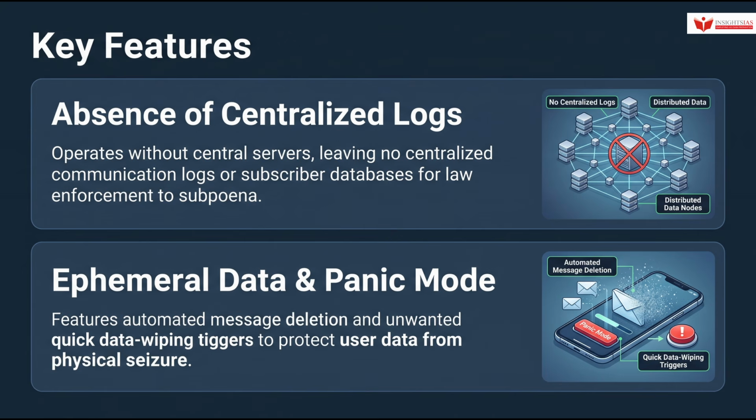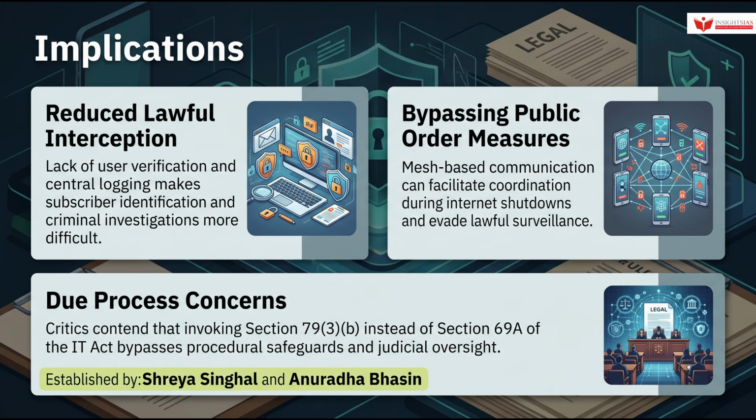There's an absence of centralized logs. It operates without central servers, leaving no centralized communication logs or subscriber databases for law enforcement to subpoena. And there's ephemeral data and panic mode, featuring automated message deletion and quick data wiping triggers to protect user data from physical seizure.